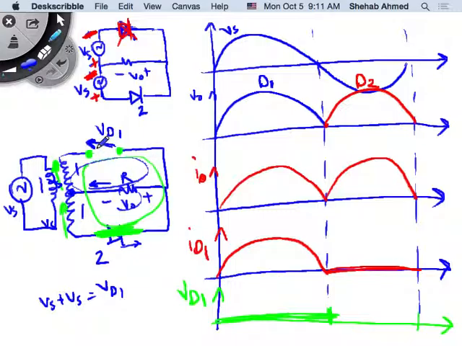It's double the voltage, right? So whether you draw a positive or negative, I don't care again, okay? But this is 2 Vmax. If this is Vmax, this is 2 Vmax.